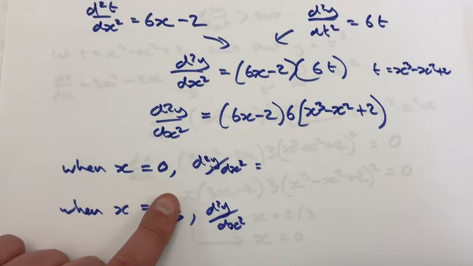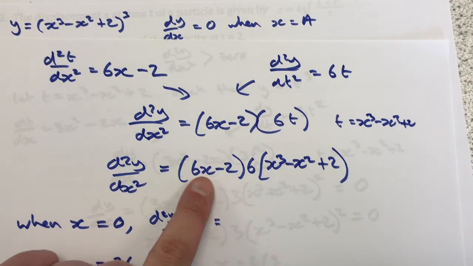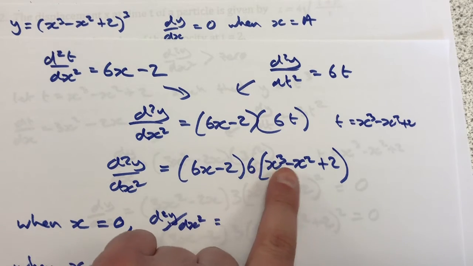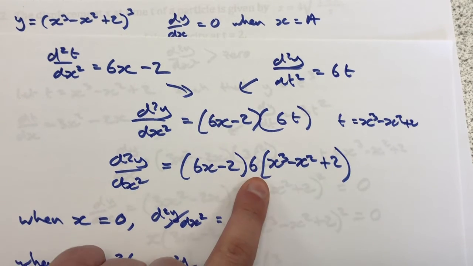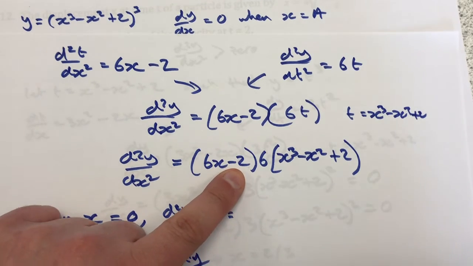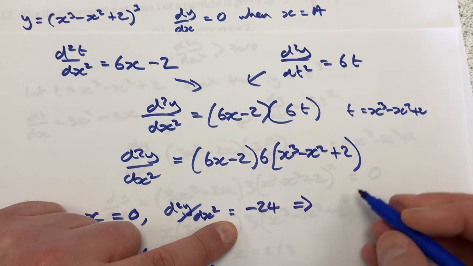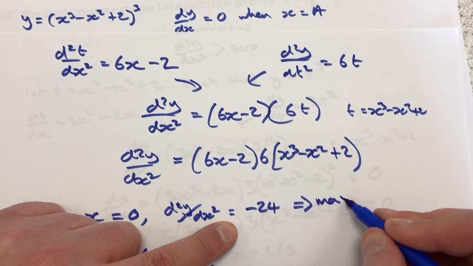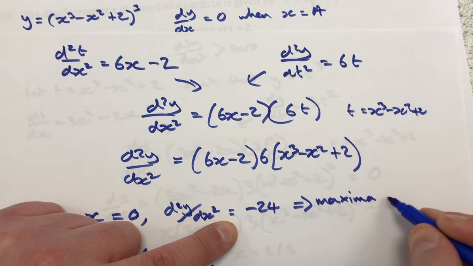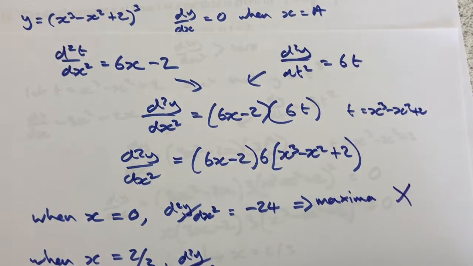So putting in 0 here, we've got 0, 0, 0, 2 times 6 times minus 2, so that's going to give us minus 24. Therefore this is a maxima, not what we're looking for, so I'll put a cross there.